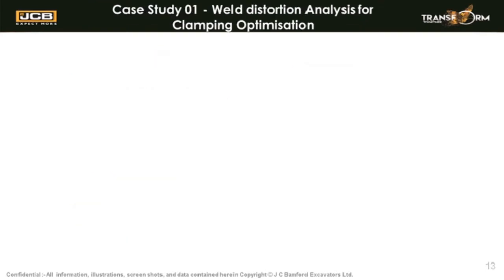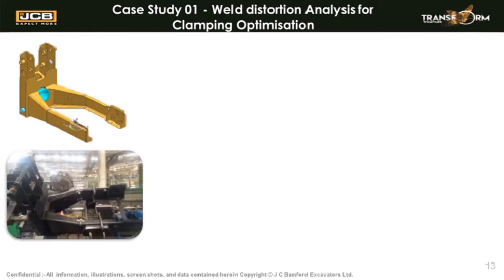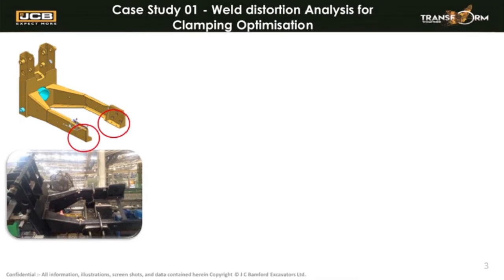So let's look at the first of our case studies. This is a chassis from a machine. It's a front chassis, and in this instance the axles mount here and here, so we've got a tolerance on the gap that we've got. Unfortunately, and as you can probably all imagine, when we weld this up, this gap wants to close.